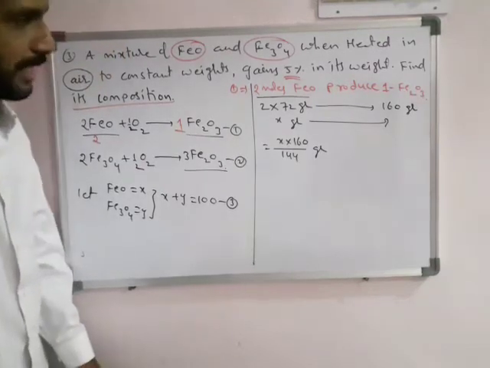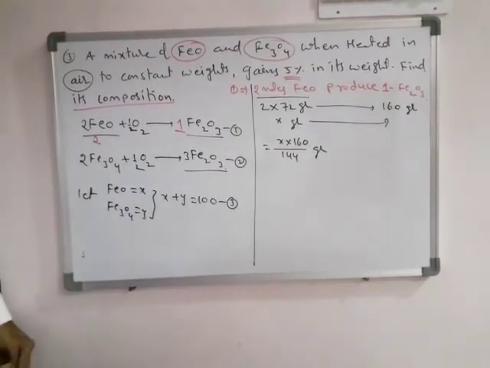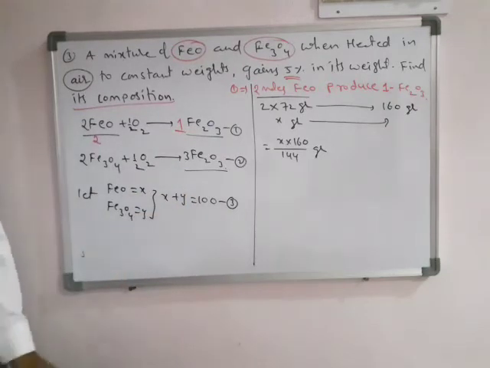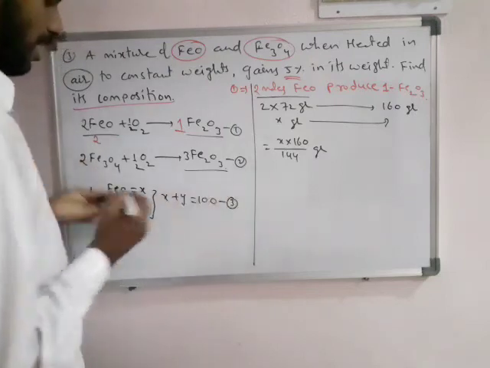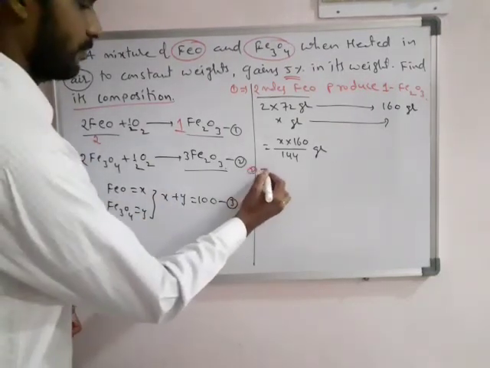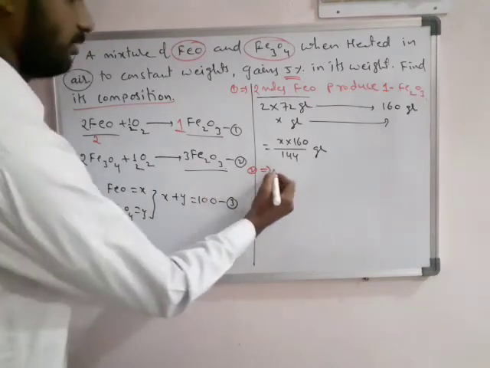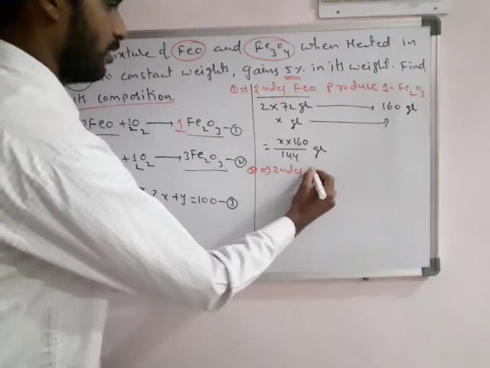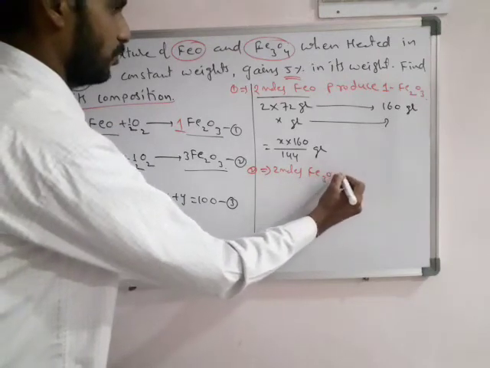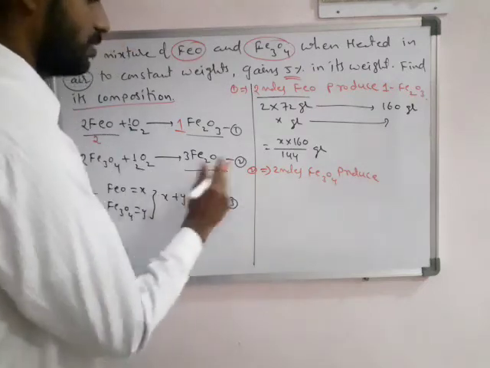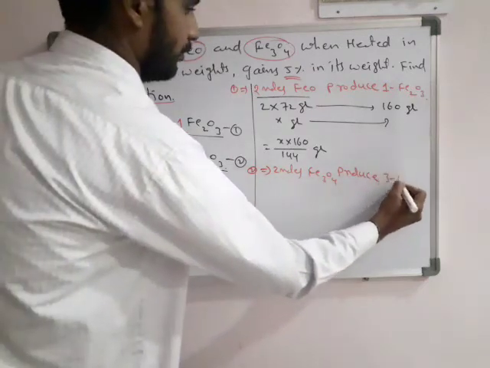Next, how much Fe2O3 will form from Fe3O4? Now we will calculate this with the help of the second equation. With the help of the second equation, 2 moles of Fe3O4 produce 3 moles of Fe2O3.